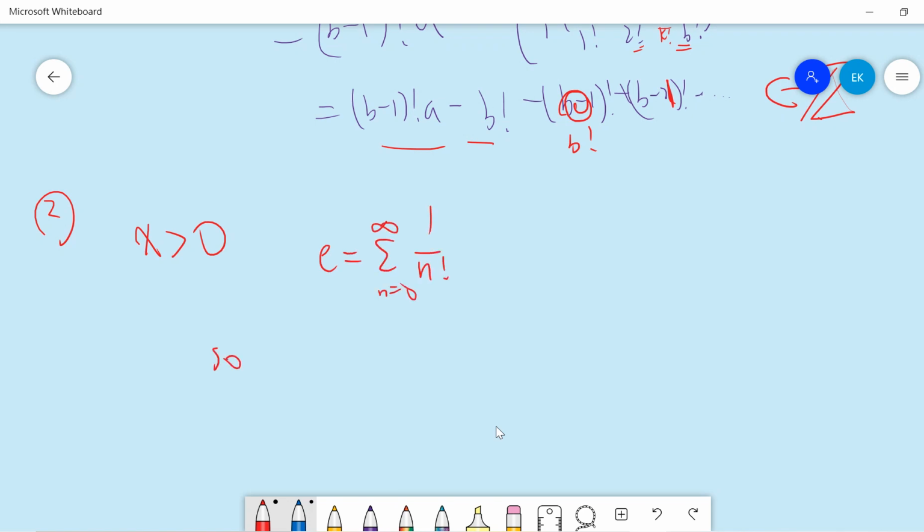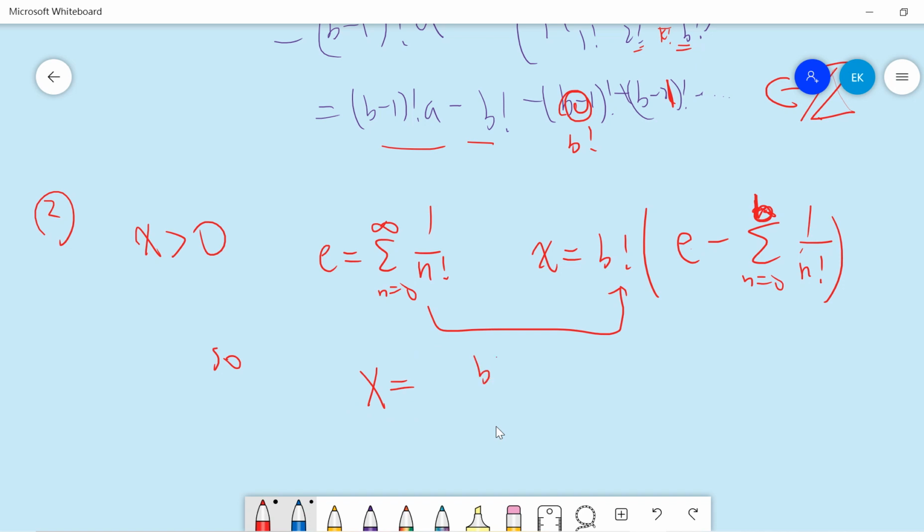So x equals b factorial times (e minus the sum of 1 over n factorial from 0 to b). Since the first b terms cancel out, x equals b factorial times the sum of 1 over n factorial from b plus 1 to infinity. And all of these terms are positive.